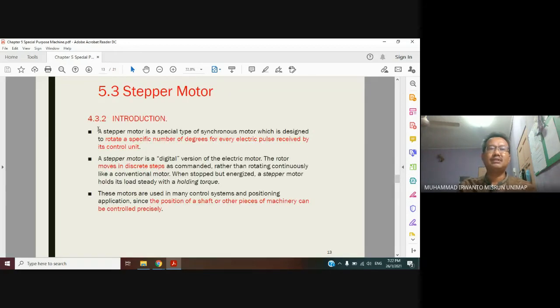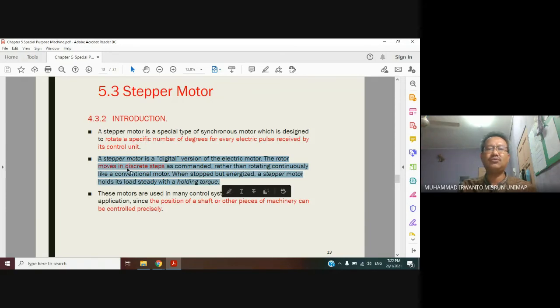A stepper motor is a special type of synchronous motor which is designed to rotate a specific number of degrees for every electric pulse received by its control unit. A stepper motor is a digital version of the electrical motor.